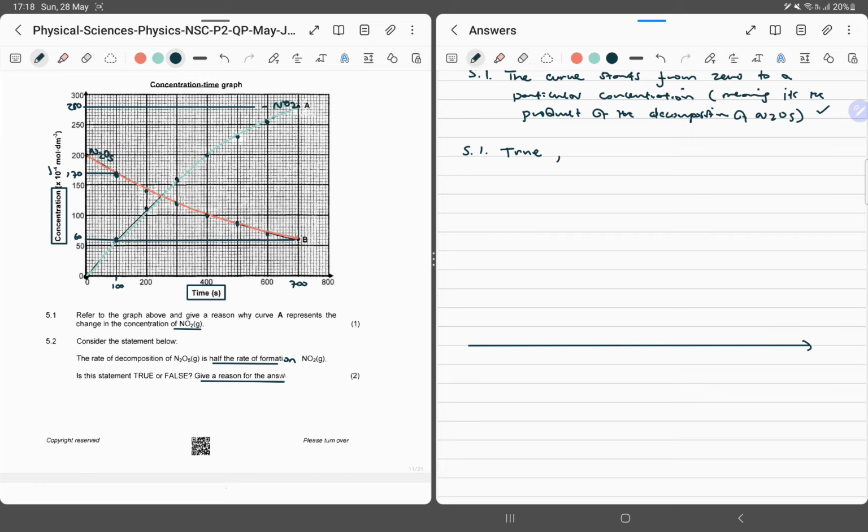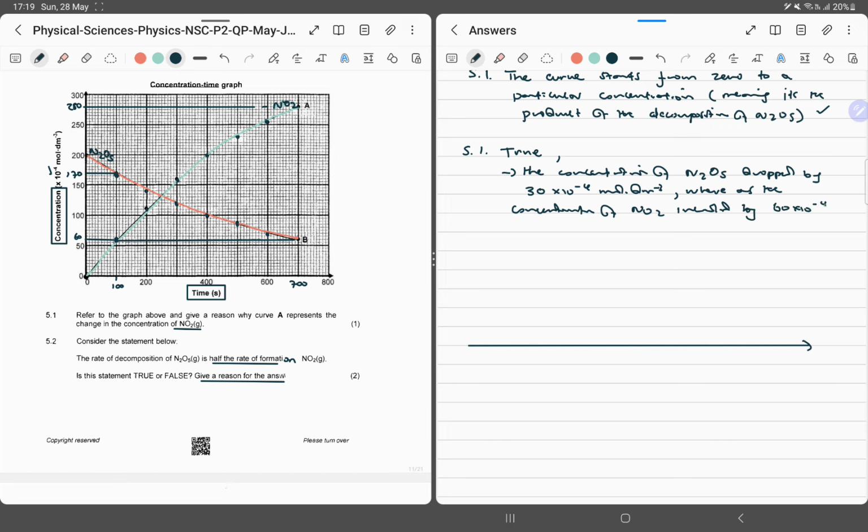Why? Because the concentration of dinitrogen pentoxide dropped by 30 times 10 to the minus 4 mole per decimeter cubed, whereas the concentration of nitrogen dioxide gas increased by 60 times 10 to the minus 4 mole per decimeter cubed in the first 100 seconds.